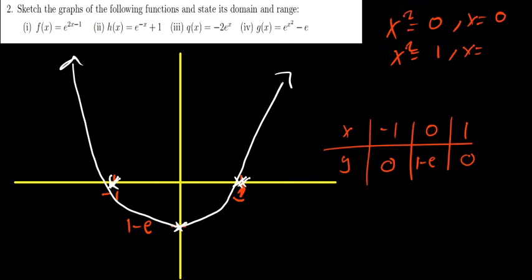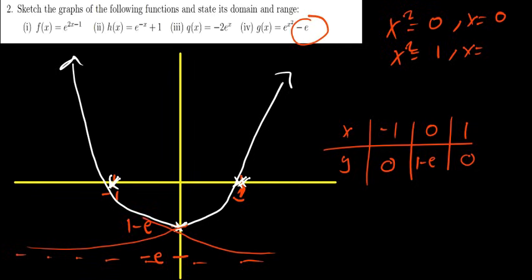Other people will tell you something different, but this is the best graph for this equation. Other people will assume that this is the horizontal asymptote. So when they do that, the negative side will bring them to a graph like this. So it goes there, it goes there.